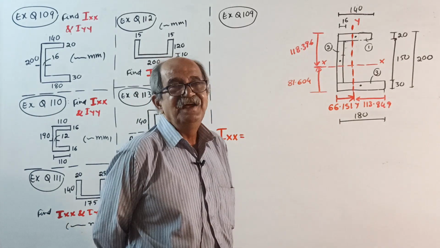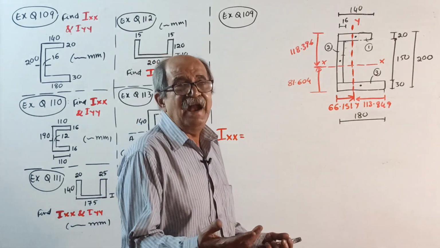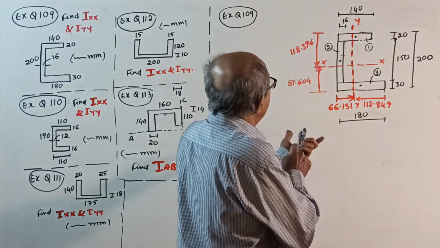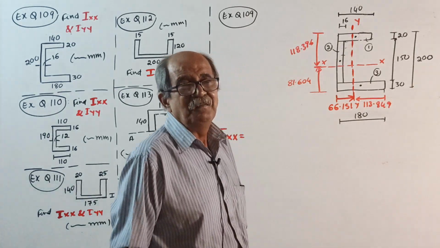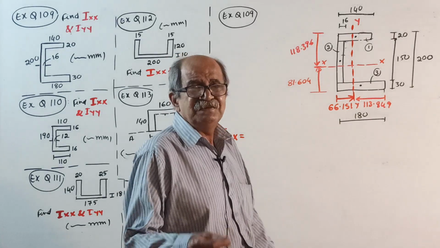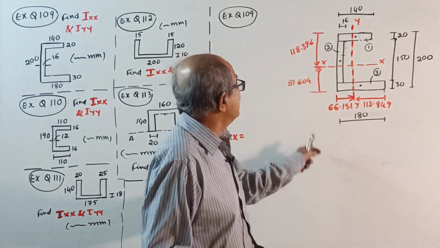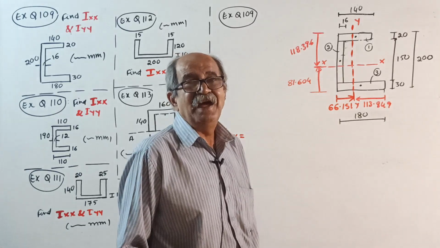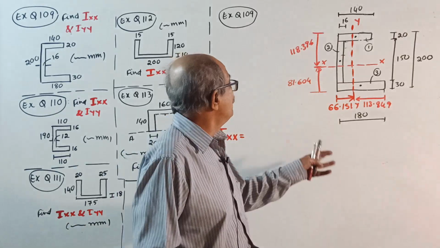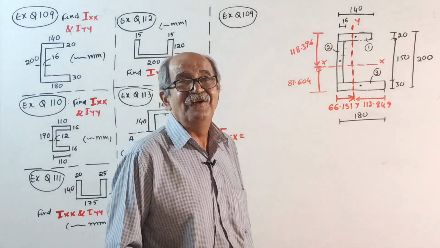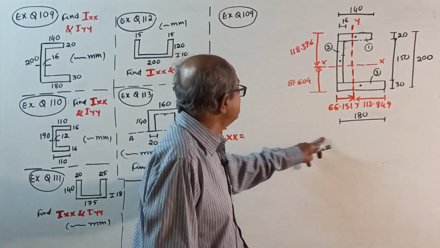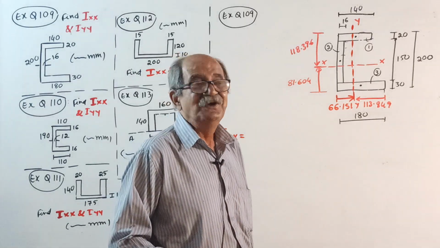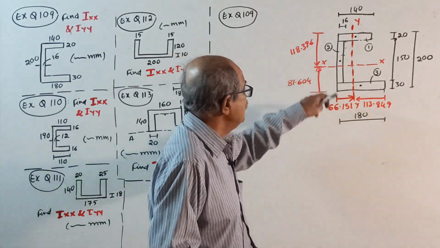Instead of calculating two times and struggling with the calculator, I decided it is better to write the expression, beneficial for you also, so that x bar, y bar, you have to calculate.